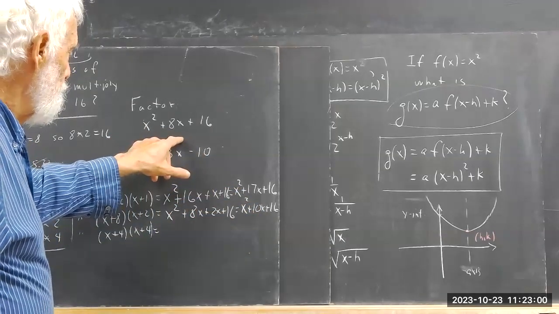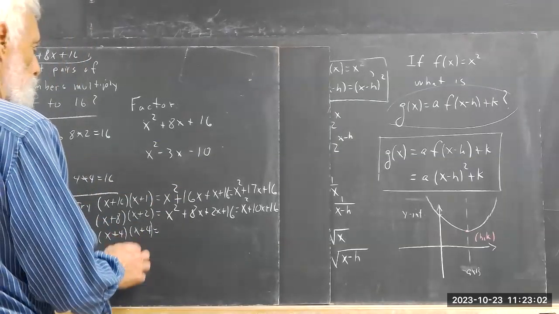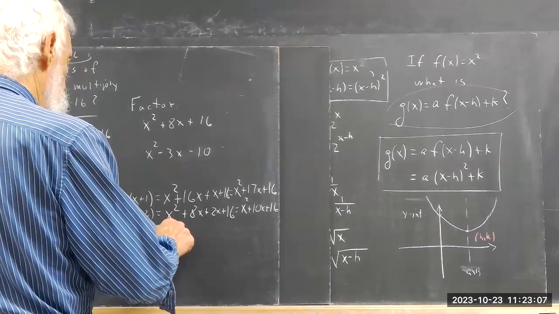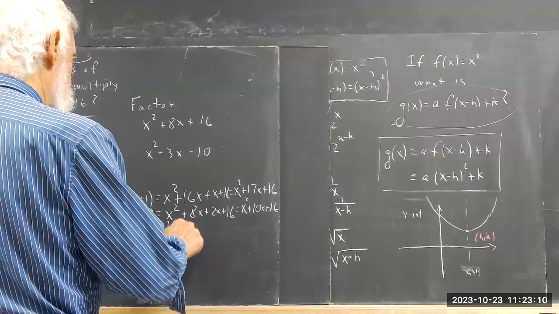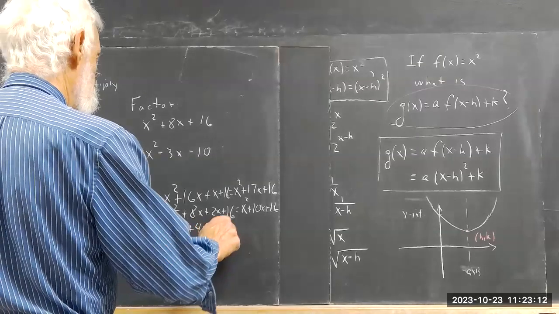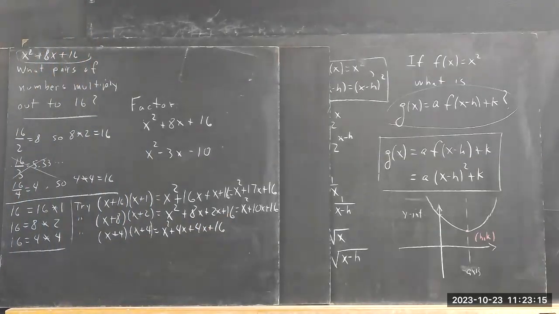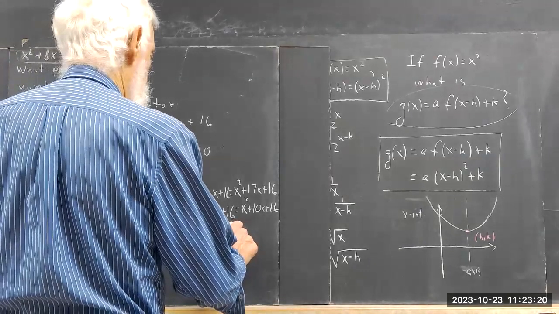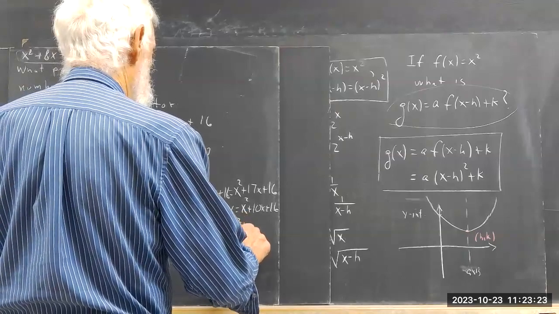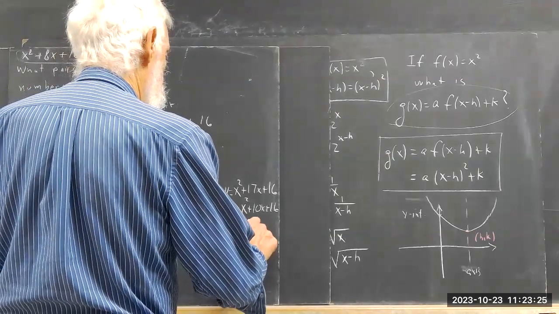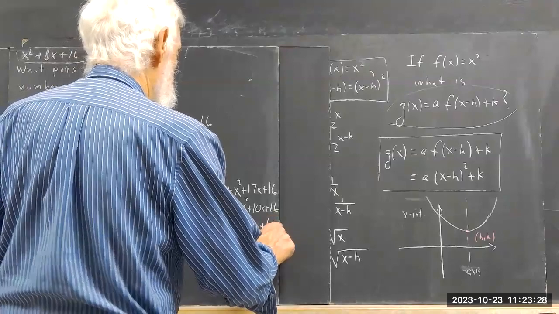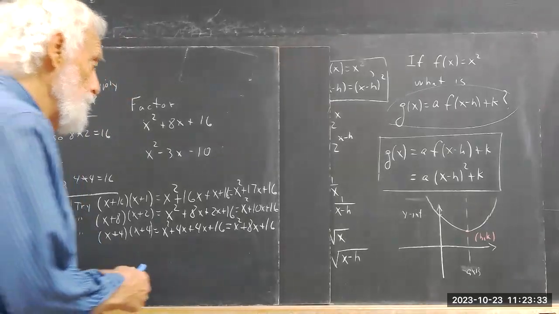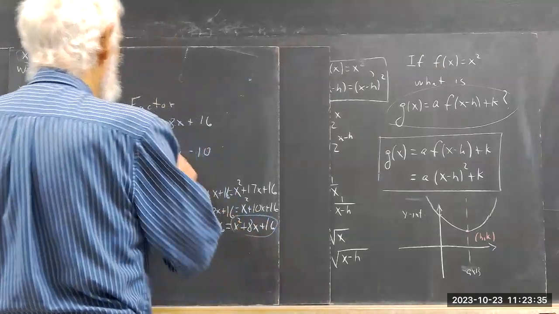But we got 10x, and we need 8x. Let's try x plus 4 times x plus 4. And that's going to be x squared plus 4x plus 4x plus 16. And what does that give us? Of course, we get x squared. Adding the 4x and the 4x, we get 8x. And we got 16. And look there, it matches up. So this worked.